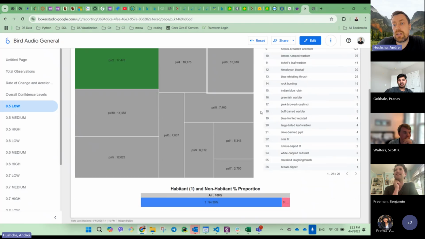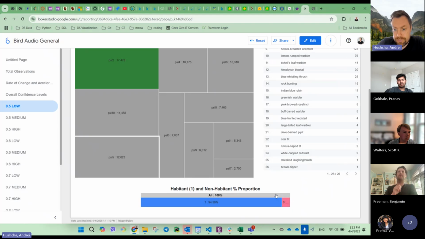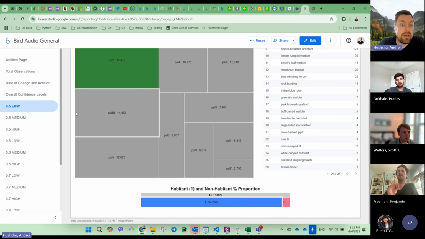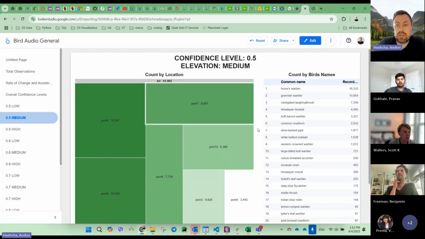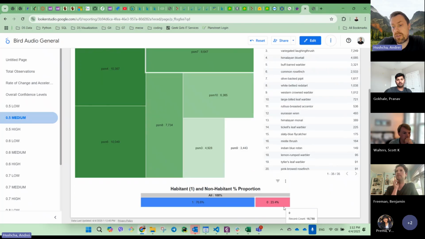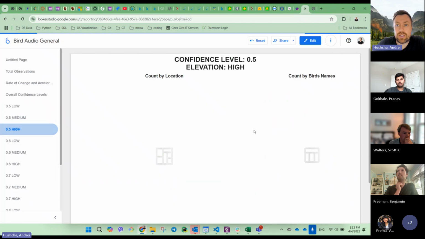So that was the main point to show you, and this is the proportion of habitants and non-habitants. Just showing that at the low elevation, we have around 94 percent of habitants, which is quite high, because in general the proportion is different, and kind of the same at the high elevation.